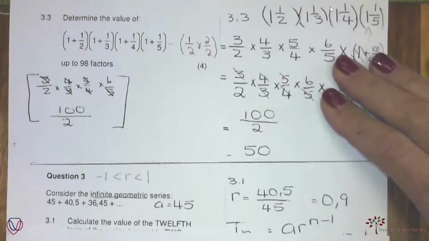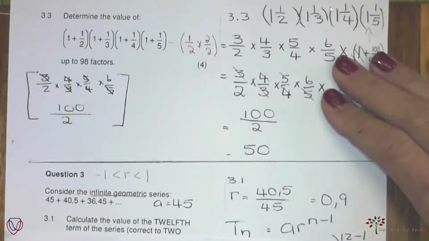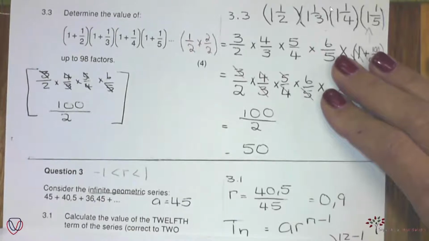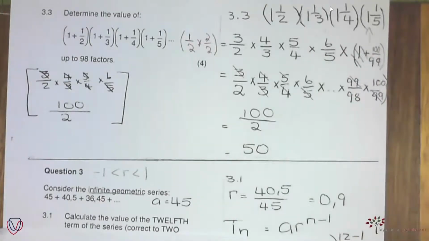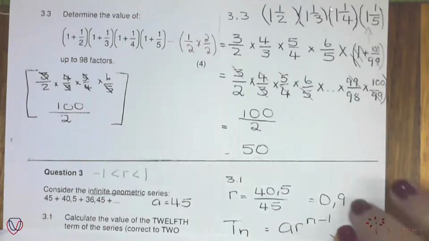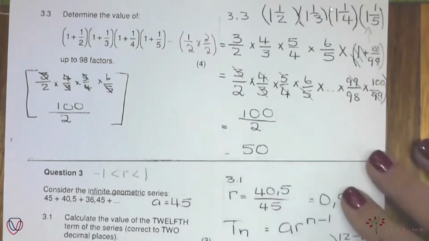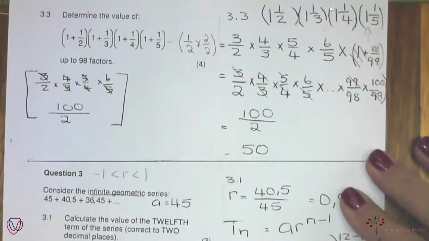Let's go on. Calculate the 12th term of the series. Now people, it's a geometric sequence. So to find the 12th term, you use your normal formula for the geometric sequence. Okay? And then you've got a, you've got r. They said calculate the value of the 12th term.